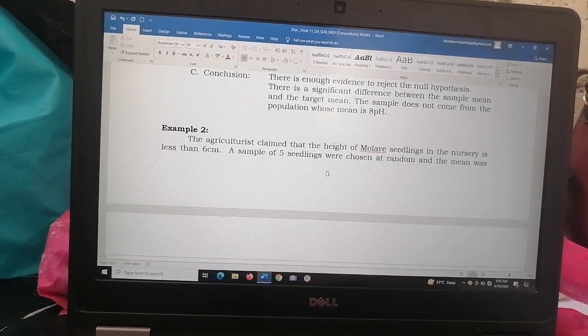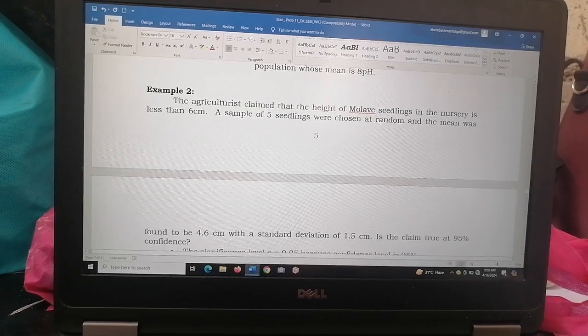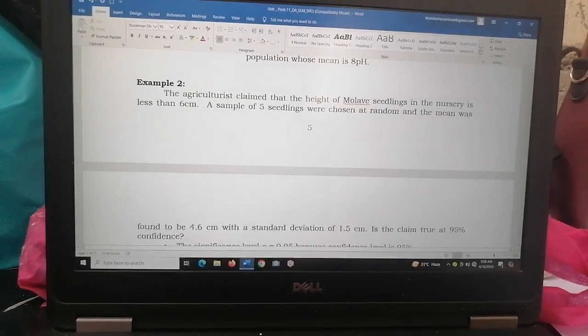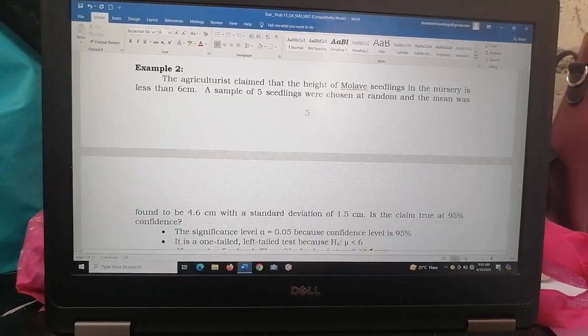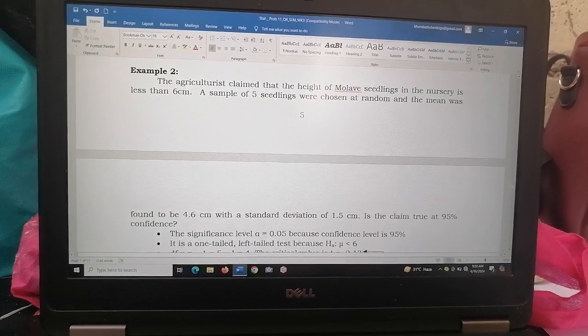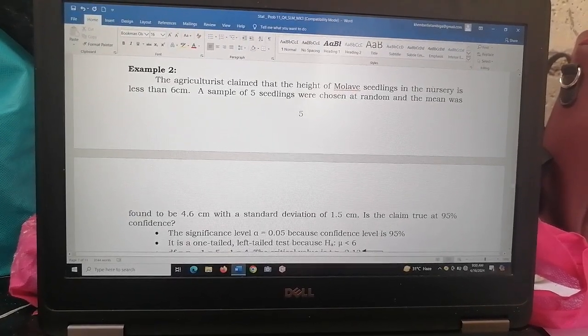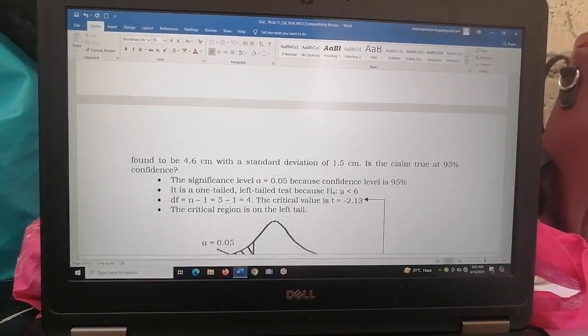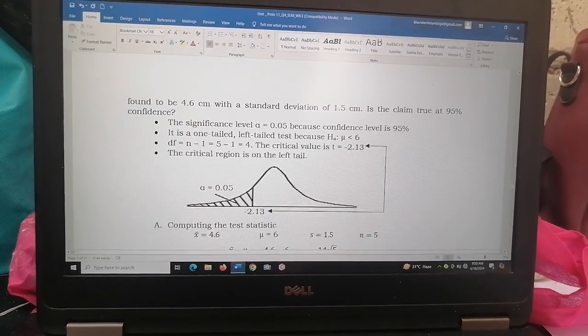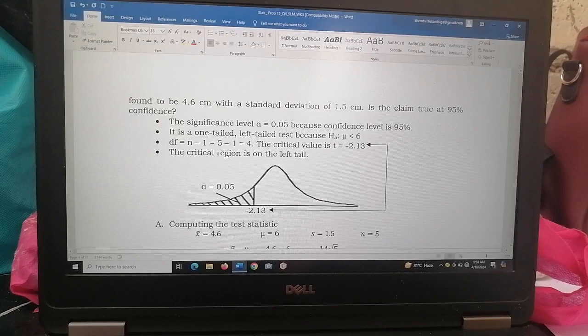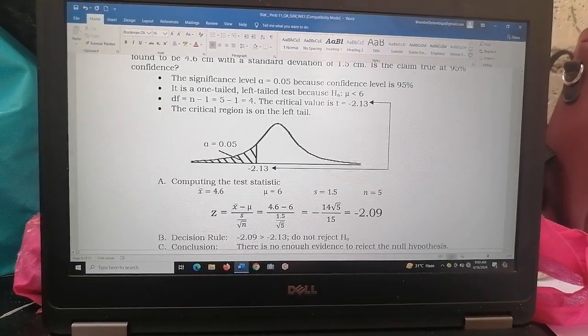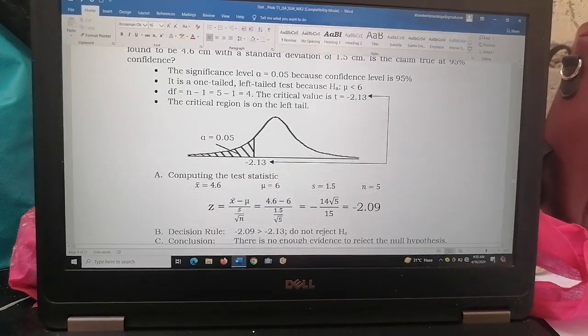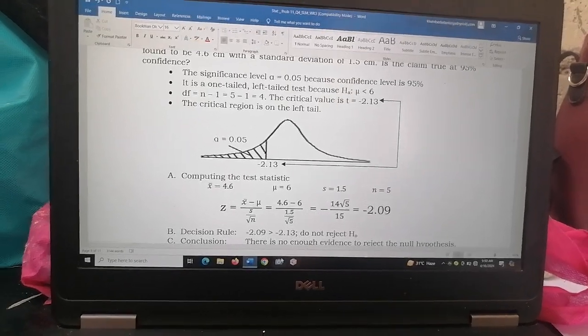Example 2: we have an agriculturist claiming that the height of mulawin seedlings in the nursery is less than 6 centimeters. A sample of 5 seedlings was chosen at random and the mean was found to be 4.6 centimeters. This is similar to what we did in lesson 2. So we continue computing the test statistic.